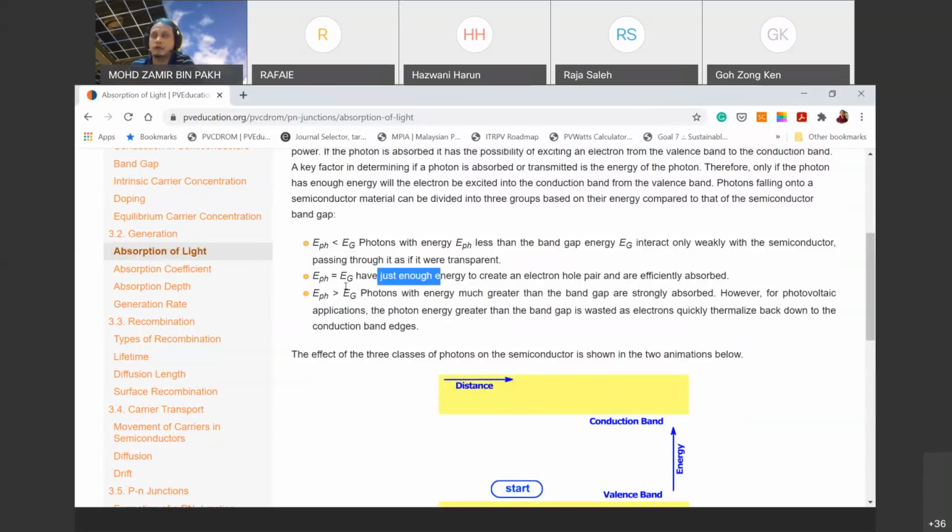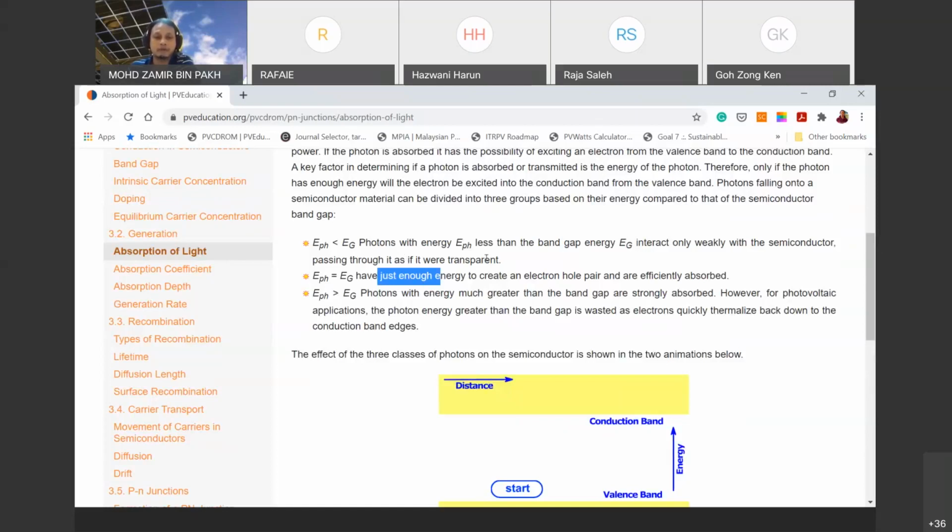So when the photon energy is equal to the band gap energy, the light will be absorbed, and the valence electron will be excited into the conduction band. Then you're going to have a generation of electron hole pairs. There will not be any generation of electron hole pairs for case number one because there is no absorption at all, right? So that's case number two.